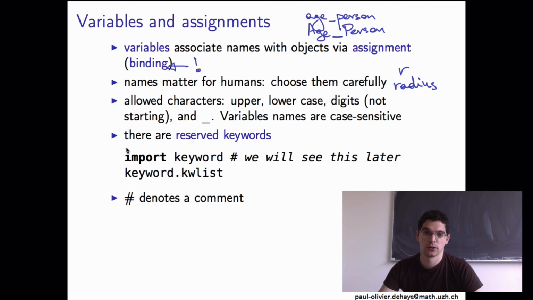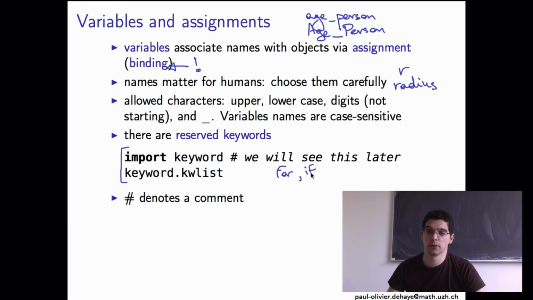In order to know which ones, you can take a Python shell and type import keyword, which imports some functionality from another module. This module keyword has in particular a list of keywords that you access this way, and you will see a list of all the keywords that are known. Now, most of them you would not use naturally, except maybe for or if.